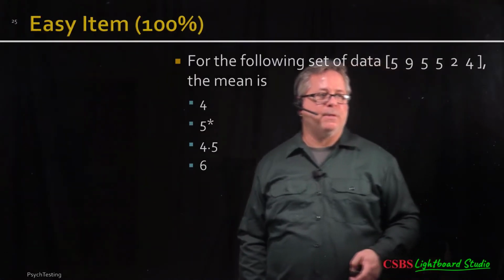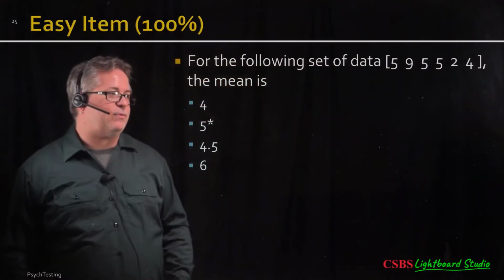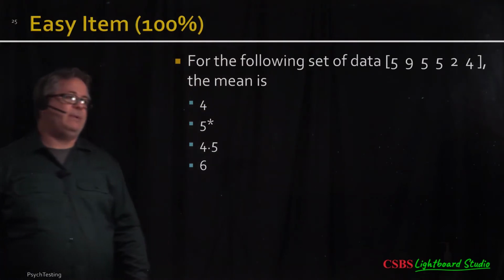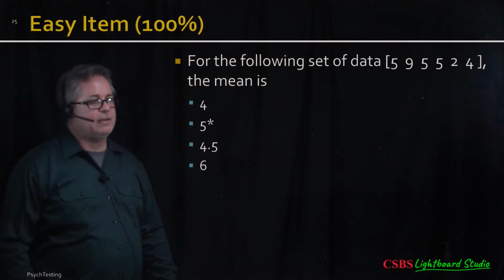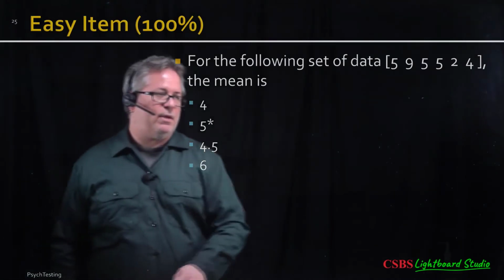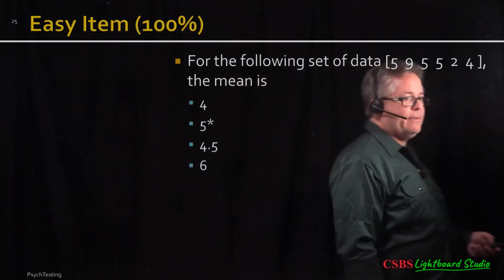Here is an easy item. When I ask this question, for the following set of data, the mean is, I think 100% of the students got this correct. So it's an easy item. For items that are 100% correct, they're so easy that everyone gets them correct.